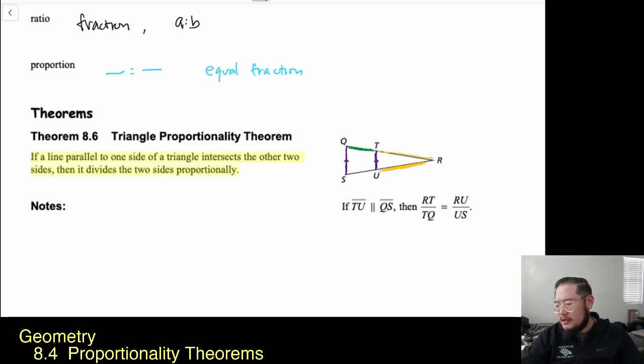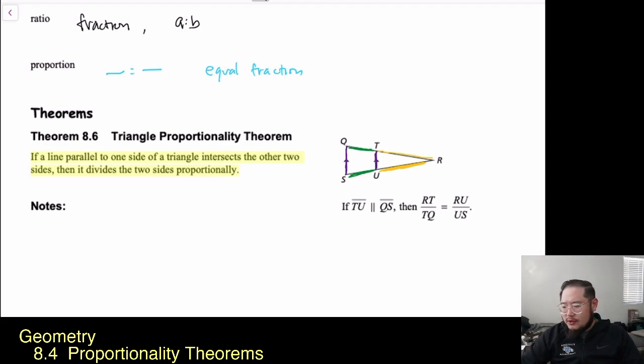So when we put the proportion together, think same side. The numerator is like the top side, the denominator is the bottom side of the triangle in this instance. Or it could be the left side and the right side. So that's one way to divide the proportions, if you're wondering why they're in those certain spots.